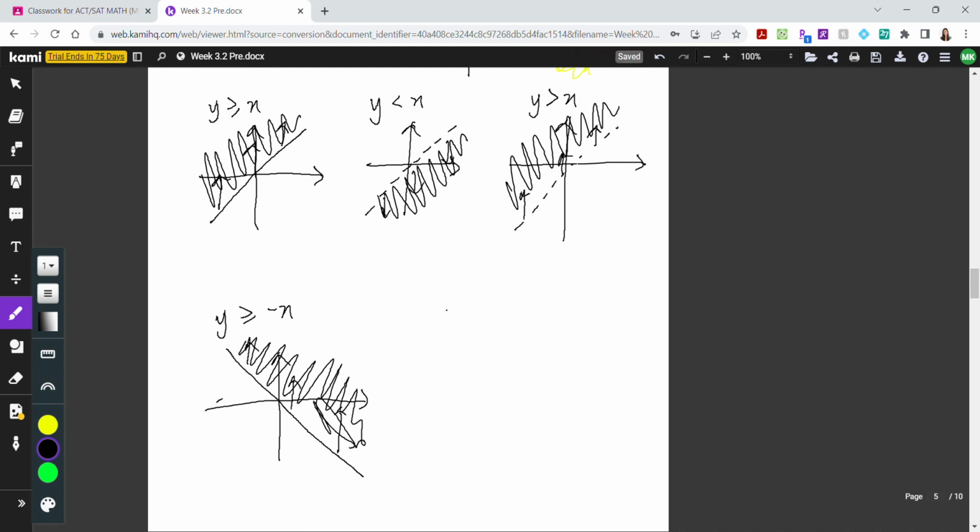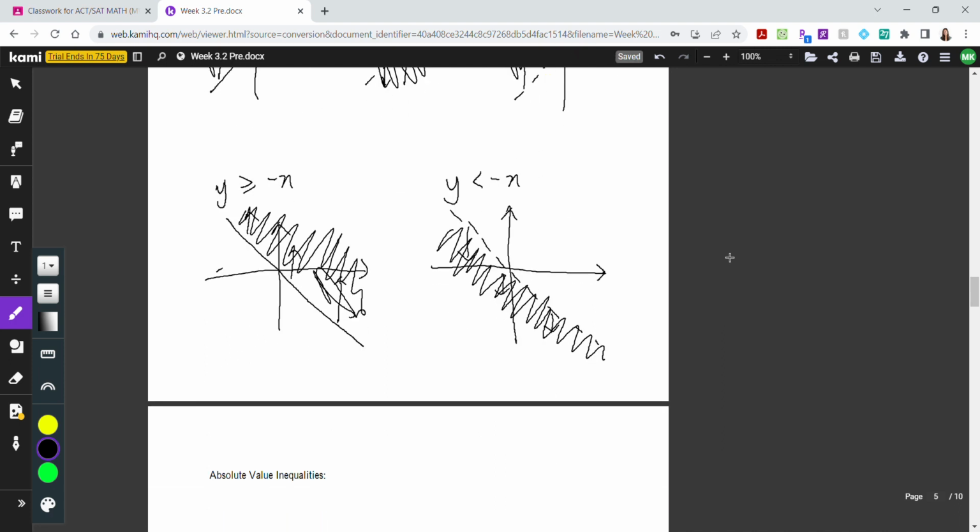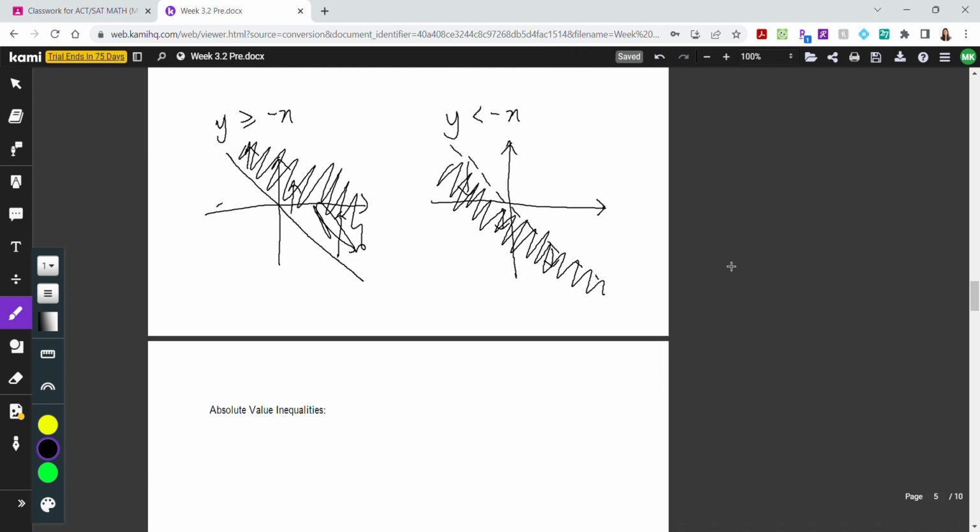And then y is less than negative x. We want the region that's pointing downwards. So that means we're going to shade this region. All right. If you have any questions about this, bring it to your deep dive lesson.